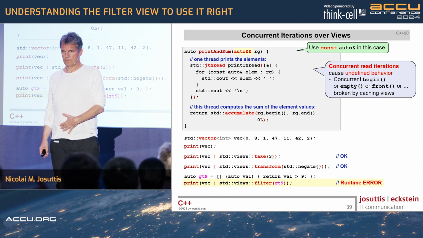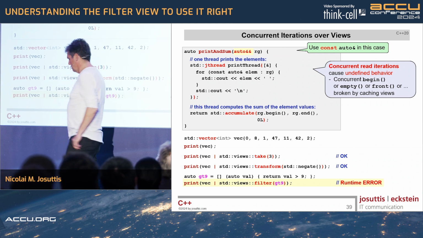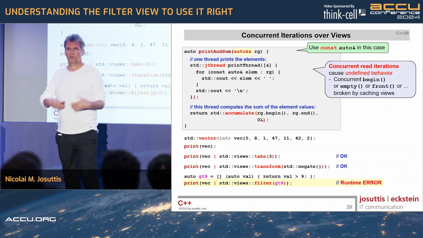So the filter view would work too, despite begin not being const. Yeah, because at the beginning we used a const reference. That does not work. Yeah. So if you use the double ampersand, then you can still qualify it in addition with some constraints.